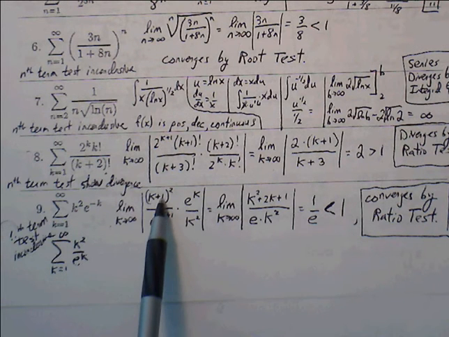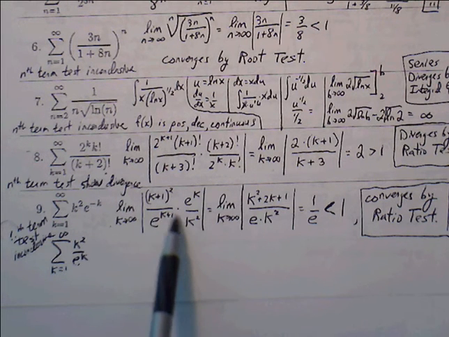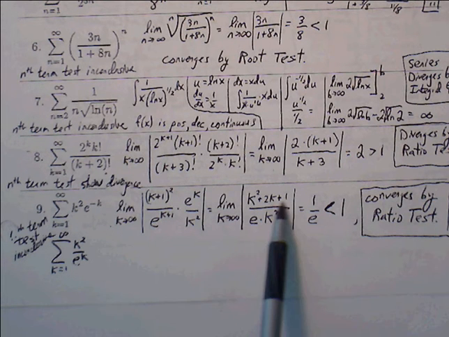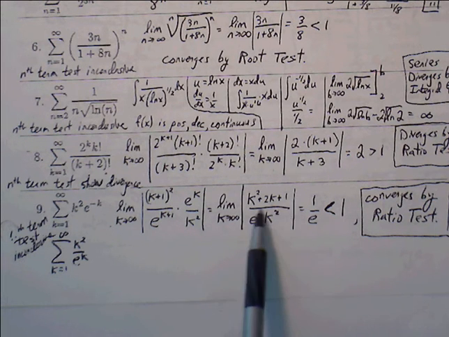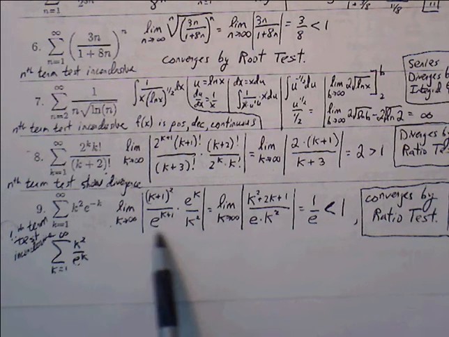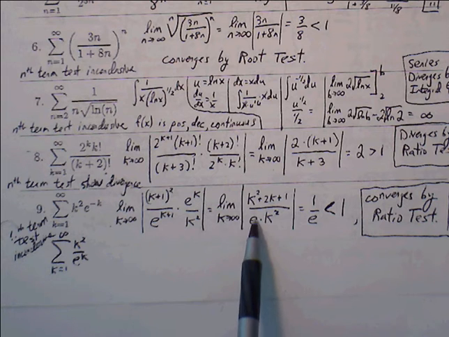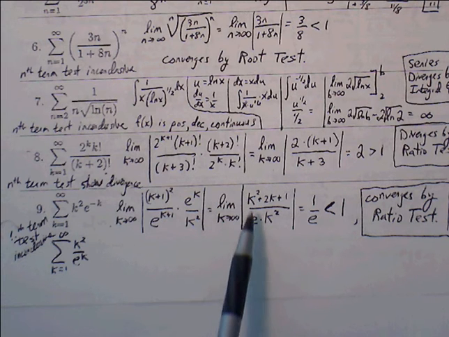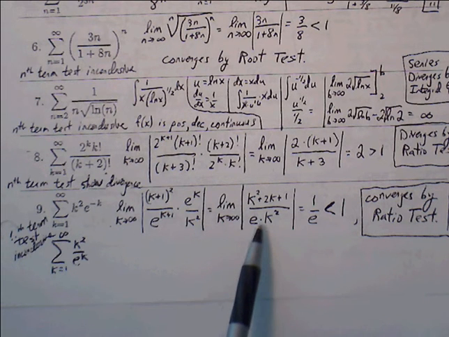With k plus 1 squared, I'm not going to be able to factor or cancel anything out here, so I'm going to expand k plus 1 squared as k squared plus 2k plus 1. The e to the k's will cancel out, leaving us with just e to the first power. As k approaches infinity, the degrees will cancel out.